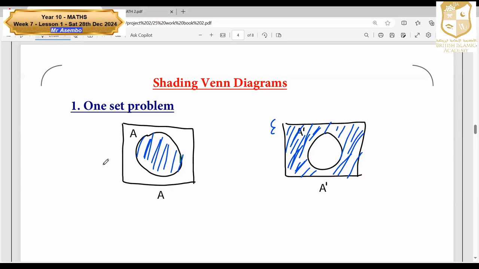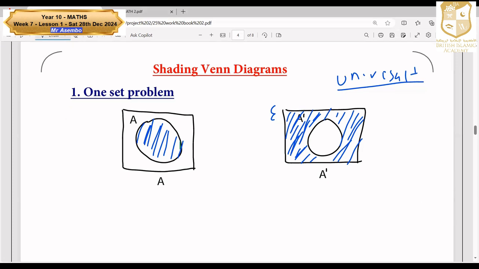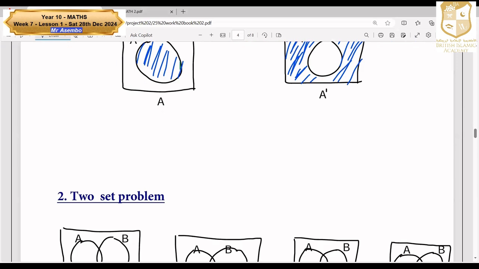A complement members are outside A, but they are under discussion, or they are inside the universal set. Remember we said universal set is the set which is under discussion.